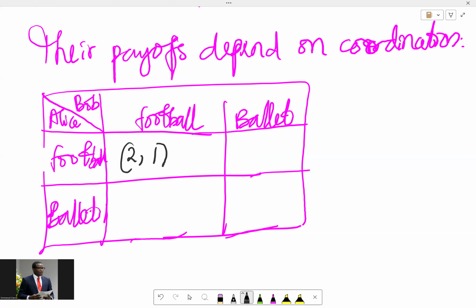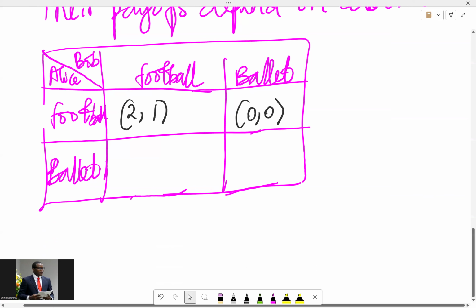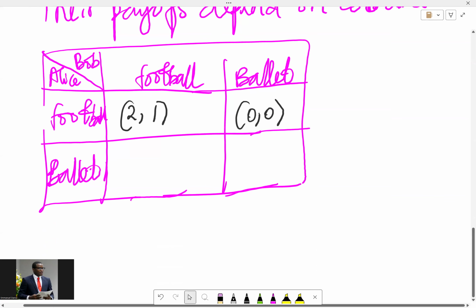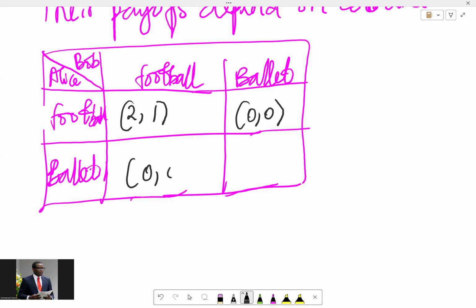And then if Alice chooses ballet and Bob chooses football, they're at cross purposes, so nothing in common. They want to spend time together, so if they choose different activities, it won't work, and nobody gets anything out of that.